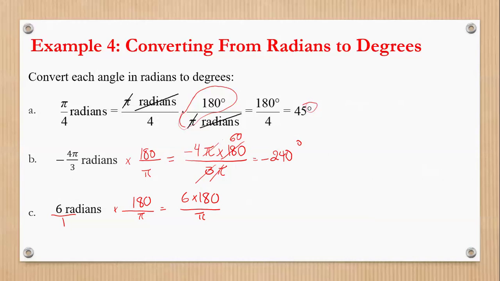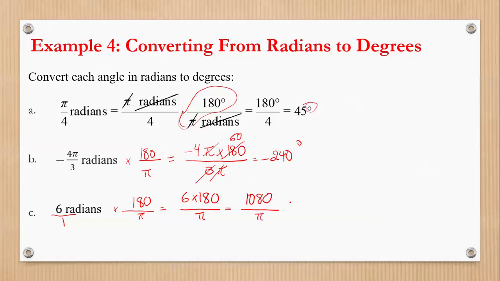So what we can do, you can replace the pi by 3.14, or you can use the pi key on your calculator. So we multiply the 6 by 180 and then divide it by pi.